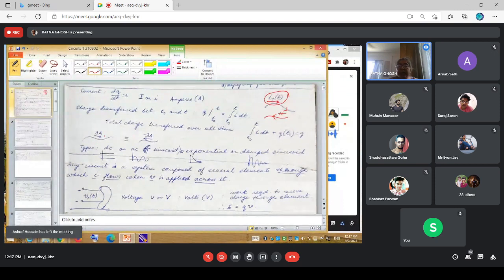And again, because the direction is important, if I'm showing it in this direction, that is 3 amperes, and if the current direction is shown in the opposite direction, then the associated sign also changes.